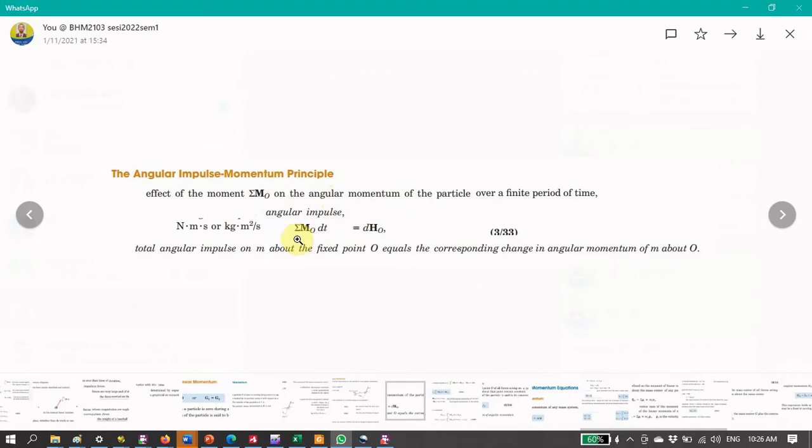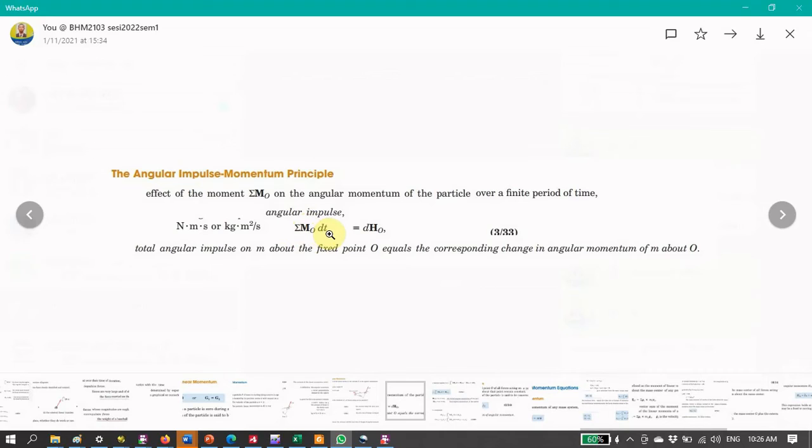The unit of angular impulse is Newton meter second, or kilogram meter per second. Actually, it is a summation of the moment of the forces about O for a finite period of time.